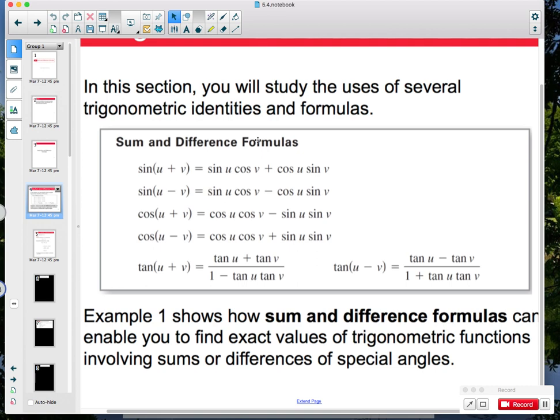On the sine formulas, the sum and the difference stay sum and difference, and you do sine cosine of the first and sine cosine of the second. These are formulas that if you're taking a quiz, you can use at home, or here I will provide them to you. All right?